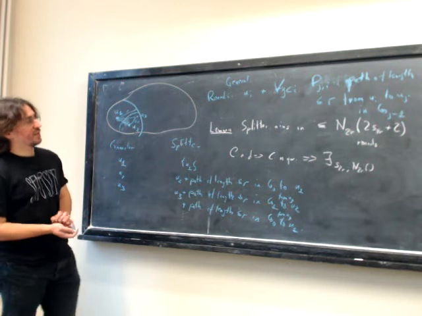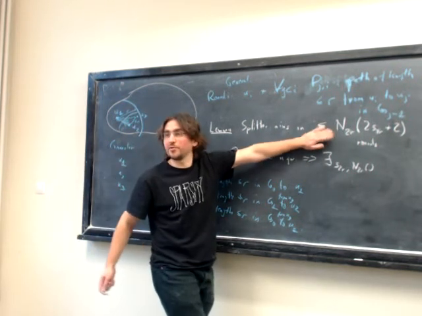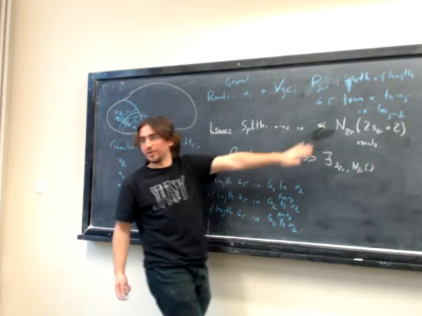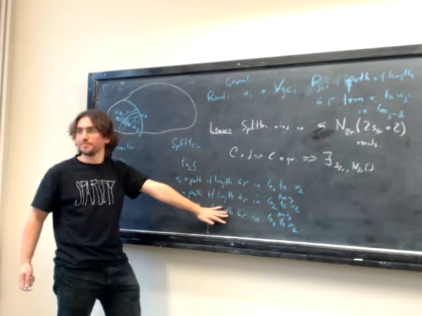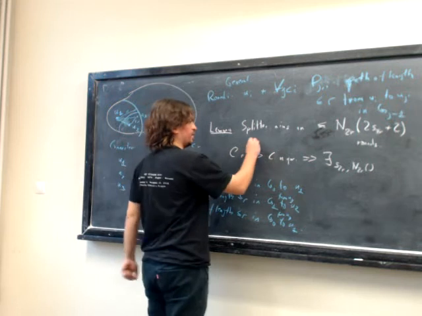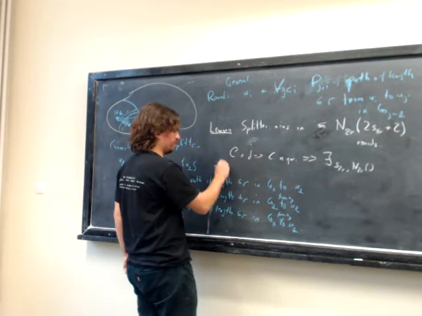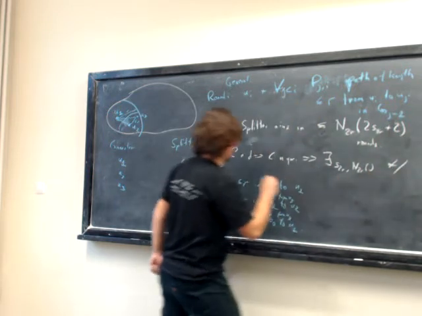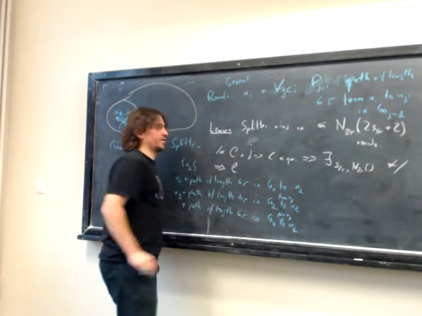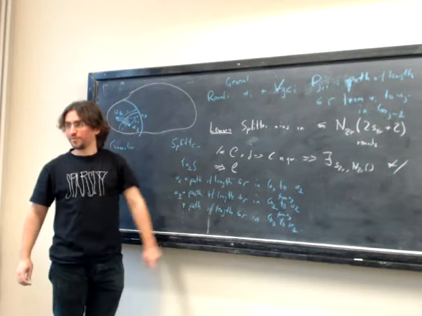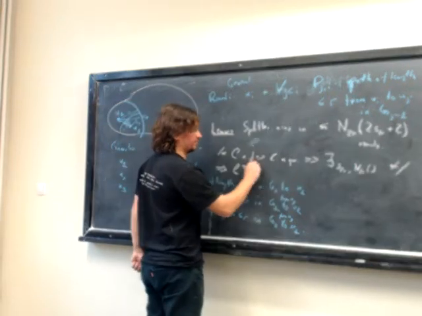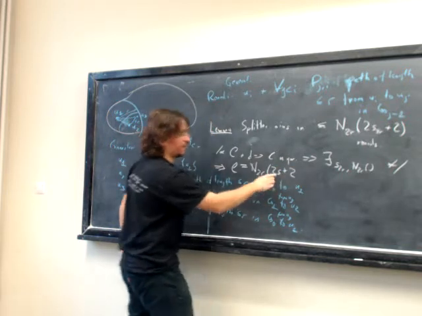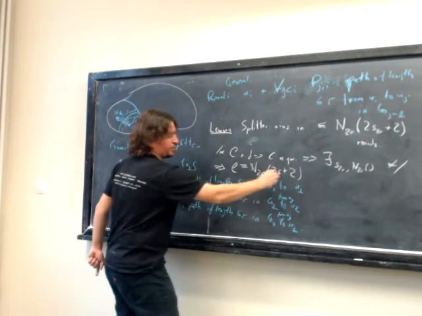So I claim that this bound on the number of rounds is sufficient for the splitter to win using this strategy. So what I will write is that the number of rounds that I allow the splitter to use is exactly that. I will just write s instead of this s of 2r.